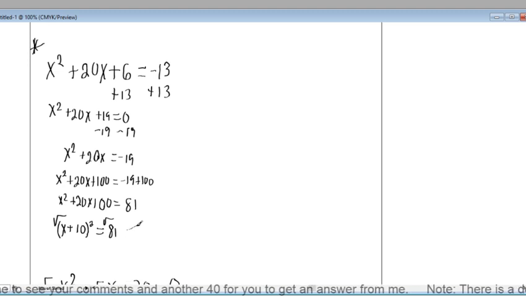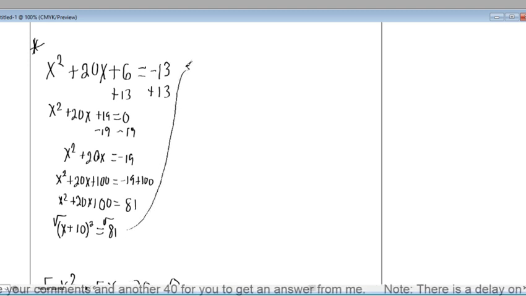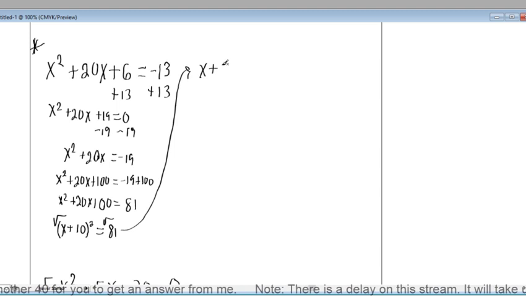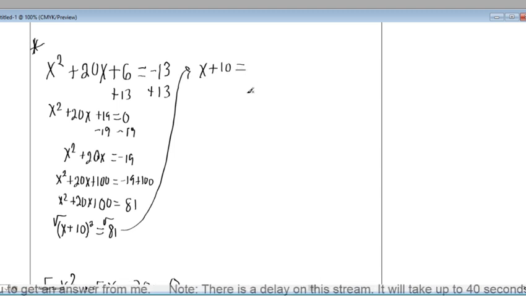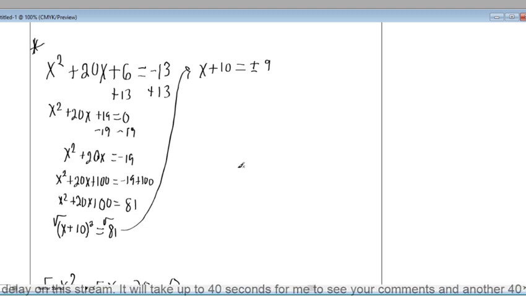And I'm going to bring this up here so we have more space. We now have x plus 10 is equal to, well, square root of 81 is not just 9, plus or minus 9. Okay, so really 1.5 more steps to go.